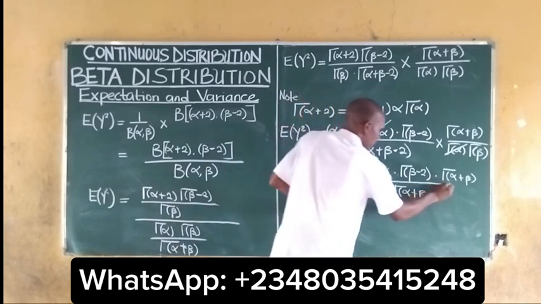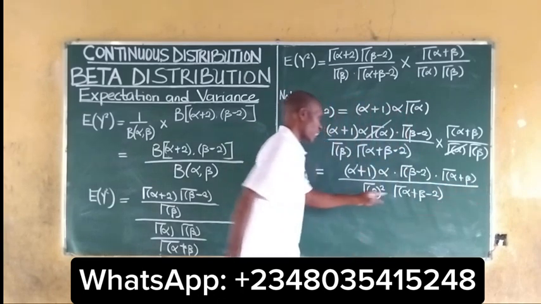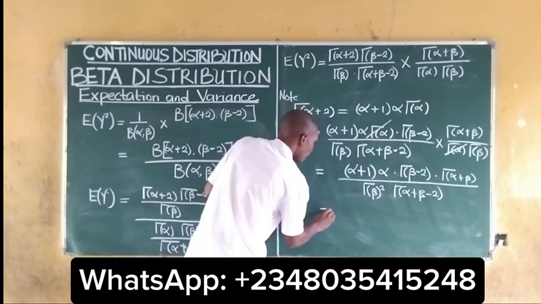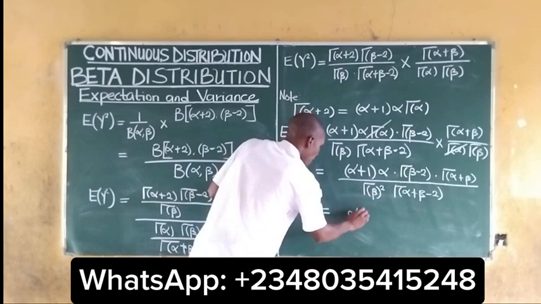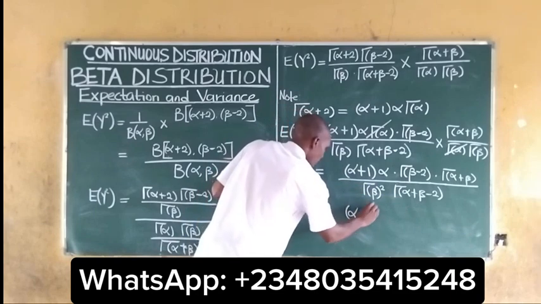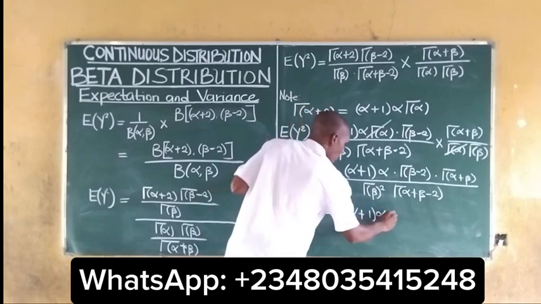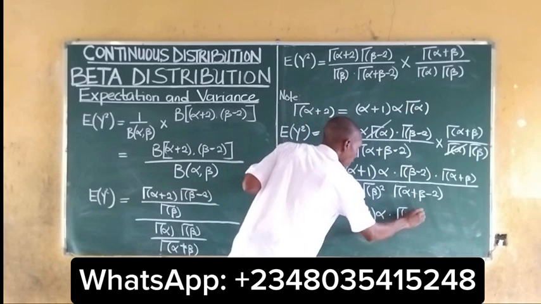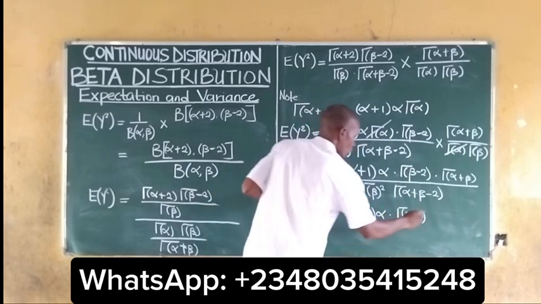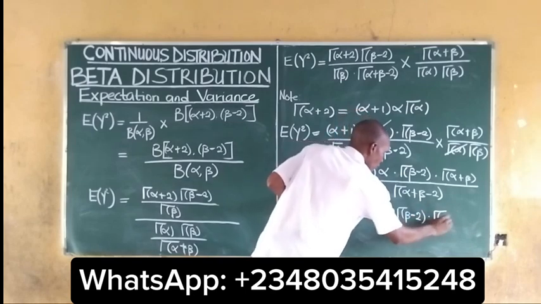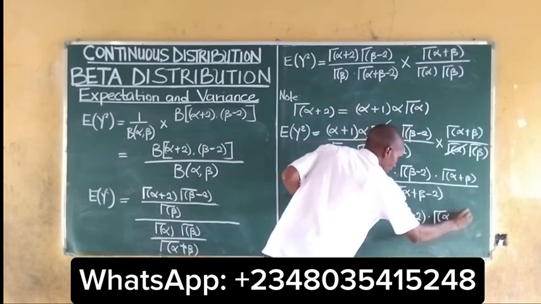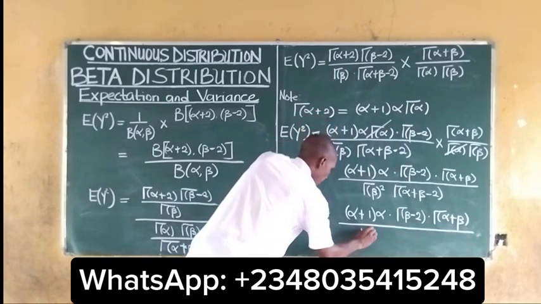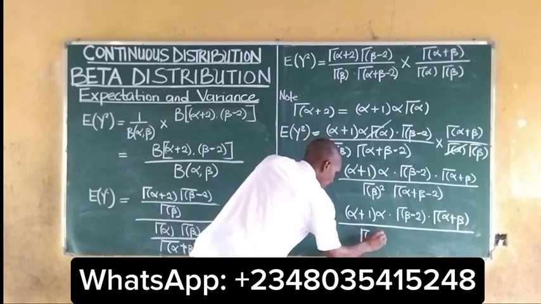Also, we can expand this. We can use our gamma property to write this, which implies that we have alpha plus 1, alpha multiplied by beta minus 2, dot, alpha plus beta all over beta squared.